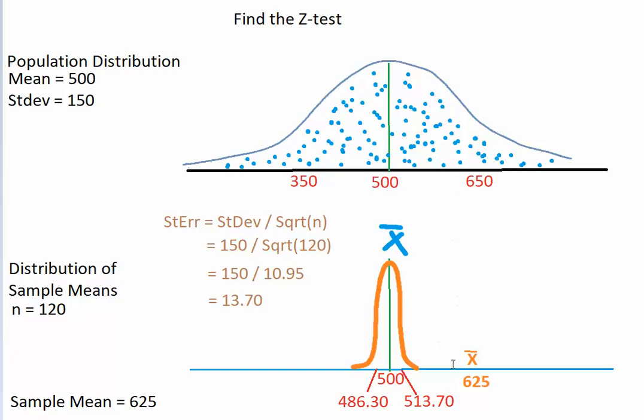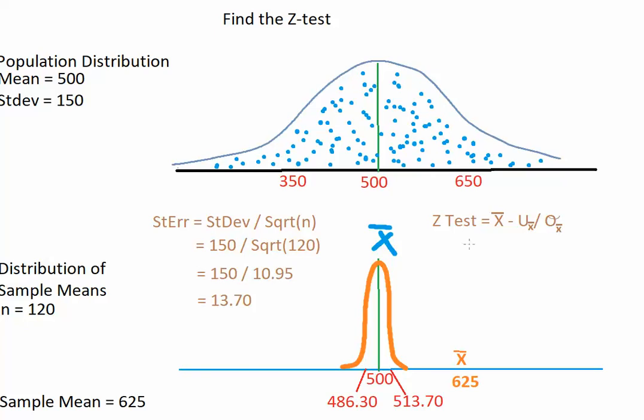But 625, when it's the average of 120 separate scores, that is extremely unusual. So let's calculate the z-test, because the z-test is going to tell us how many standard errors 625 is away from the population mean of 500. Just how far out there is this value of 625 as a sample mean.